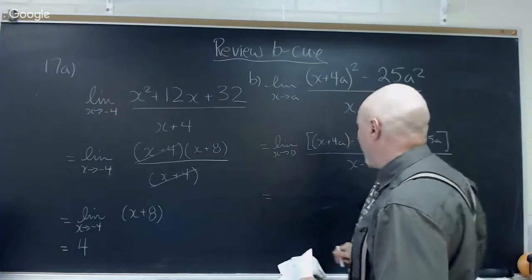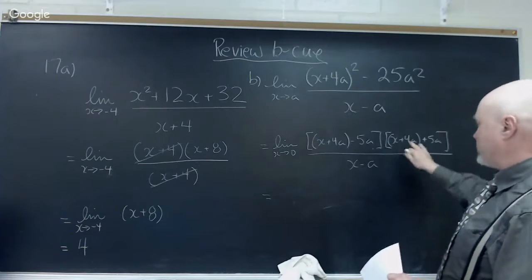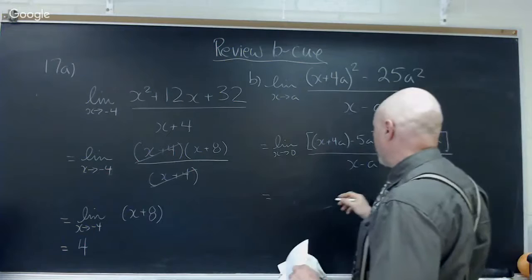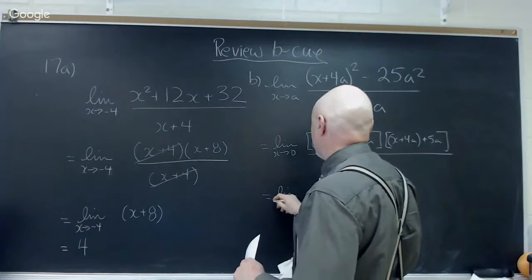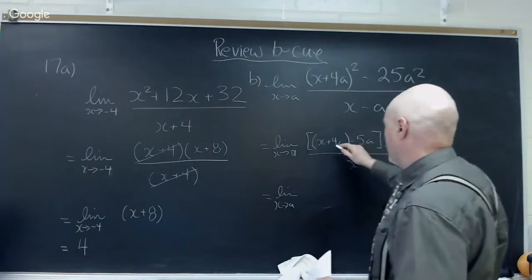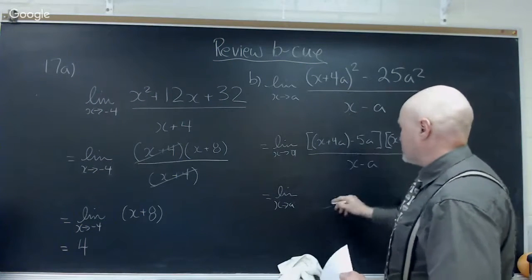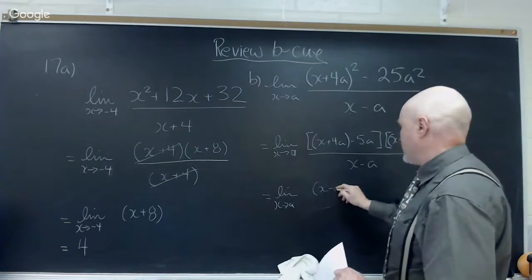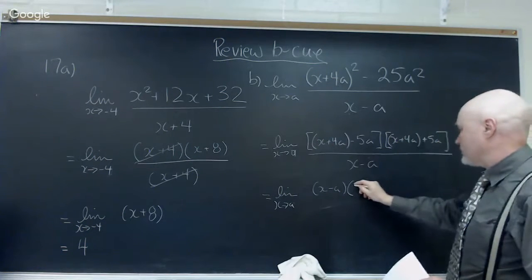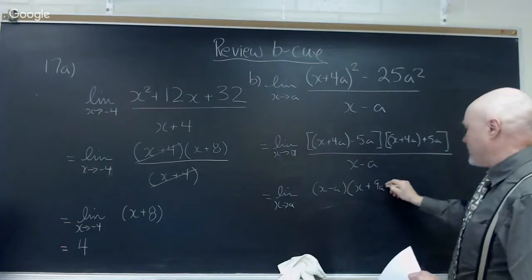Okay. Things still aren't looking that much better, but I do see that inside these brackets, I can start to simplify things a little bit. So our limit is still headed for a, not for 0, the way I just wrote there. And so this simplifies to x minus a, x plus 4a minus 5a. And this simplifies to x plus 9a.